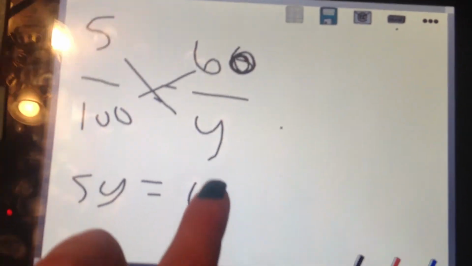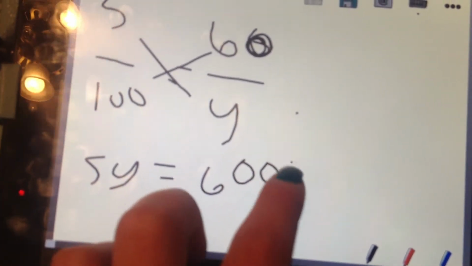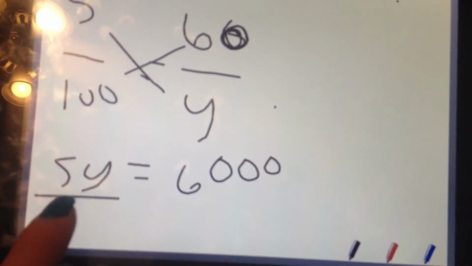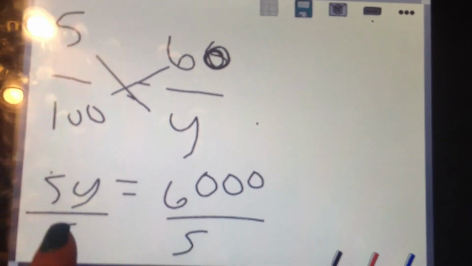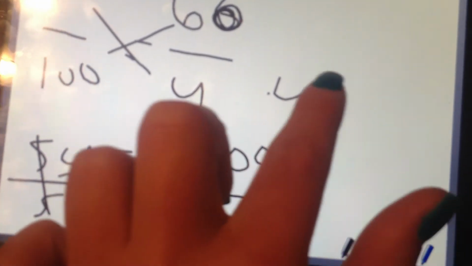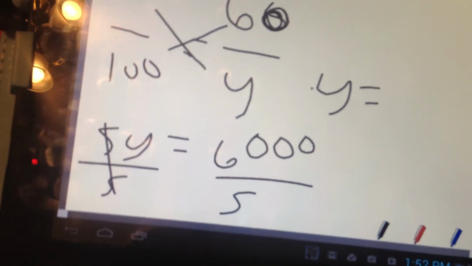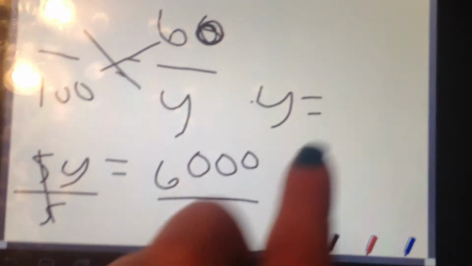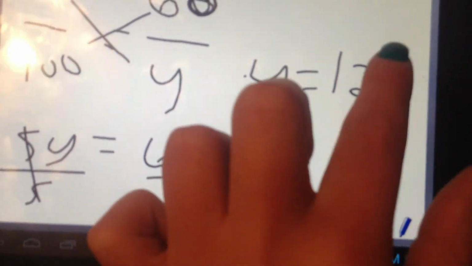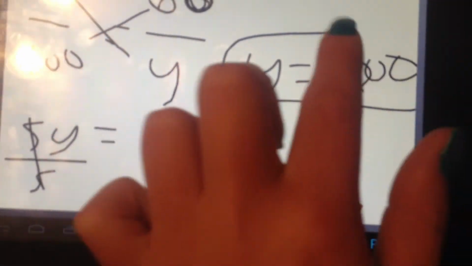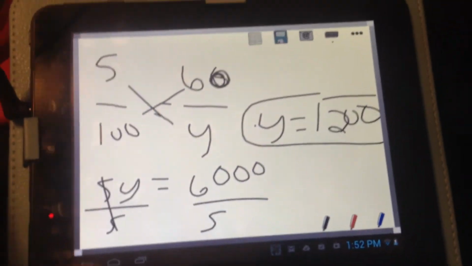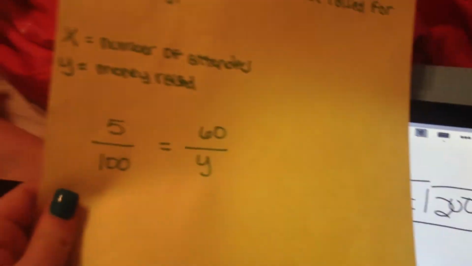Okay, so it's 6,000. Divide by 5 to isolate the y, and divided by 5, you get 1,200. So after 60 people went to the fundraiser, they made $1,200.